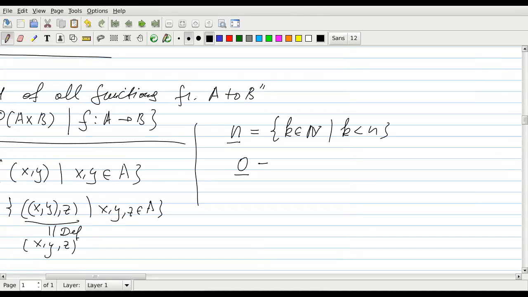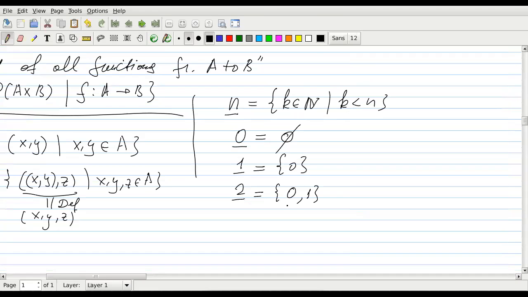Which naturals are less than 0? Do you know any such natural? No, so this set is empty. Which naturals are less than 1? Just 0. Which naturals are less than 2? 0, 1.